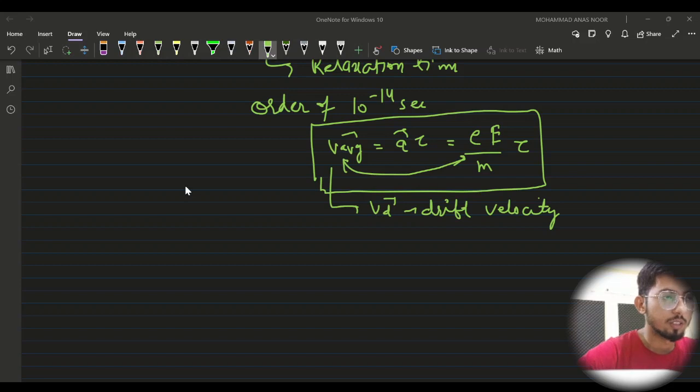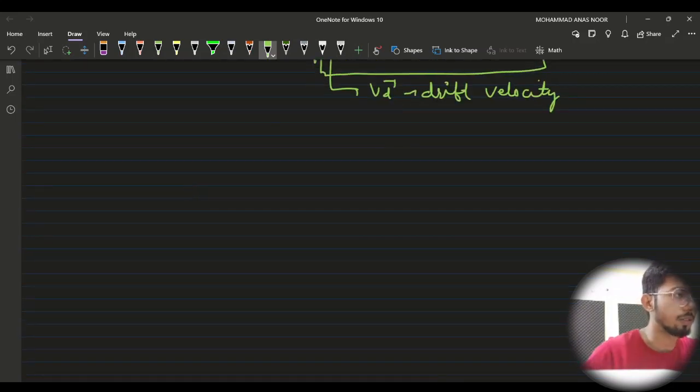So now, let's see something more, which is the relation between current and drift velocity, or rather the relation between the electric field and drift velocity, E and VD.